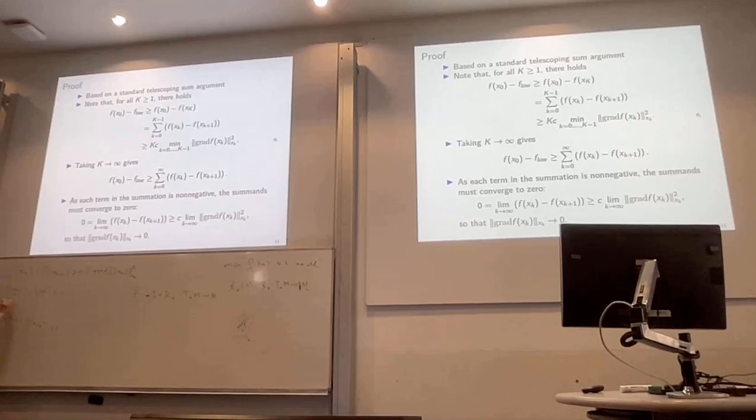Here I have a term that will cancel with this. So all terms will cancel by this telescopic argument, and I'm left with f(x0) minus f(xk+1) greater or equal to c times the sum of all these gradients squared, at xi, with i from 0 to k.